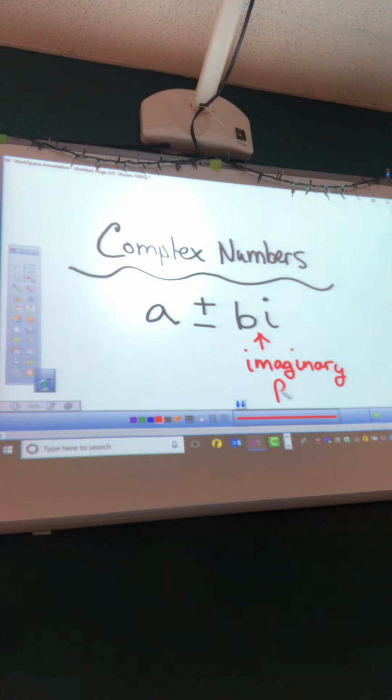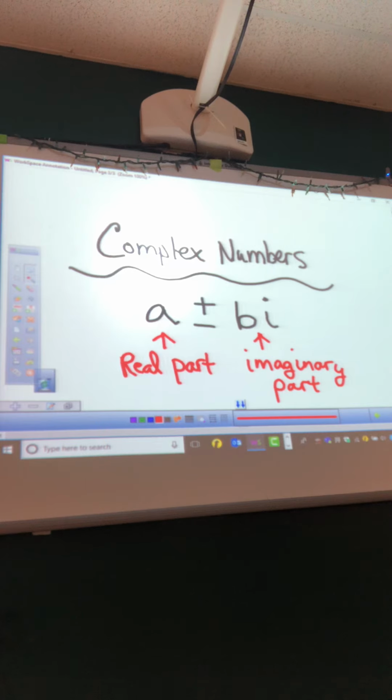And then therefore I have a real part, which obviously would be the other piece of my little expression. This is going to be the real part. Okay? So complex numbers are going to be real plus imaginary or real minus imaginary, hence is why I put a plus and a minus there.